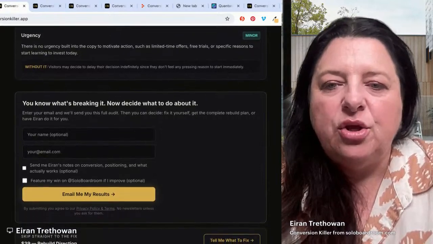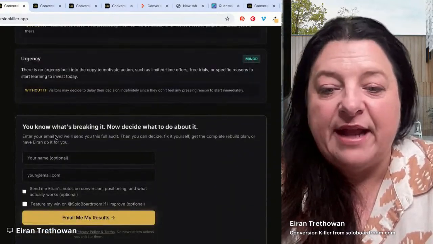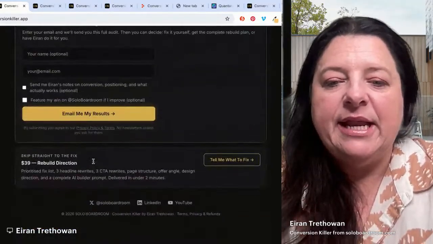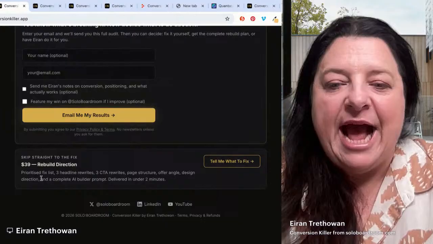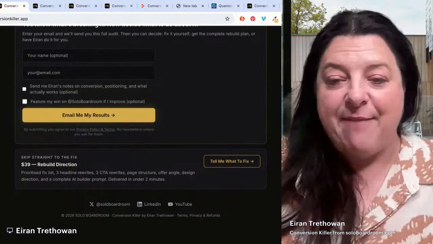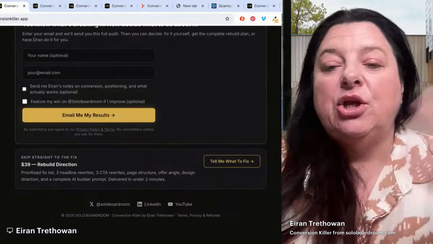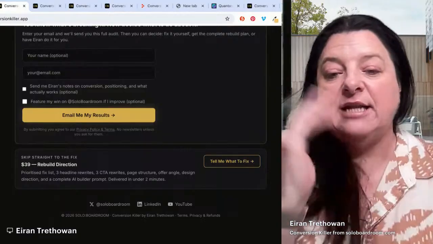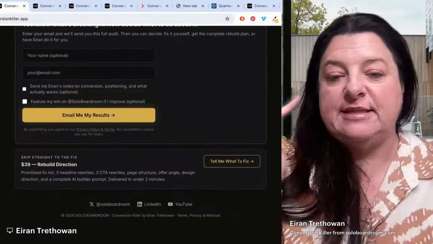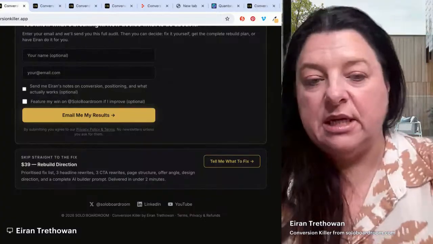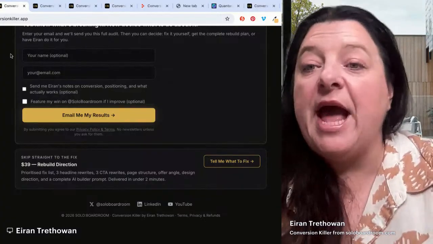Once you do this, you can email the results to yourself and purchase the next steps. So the rebuild direction, if you're just in the app and not having me look at it, you can purchase for $39, and we will give you 3 headlines, CTAs, page structures, angle offers, and action items to go and fix your page, basically.